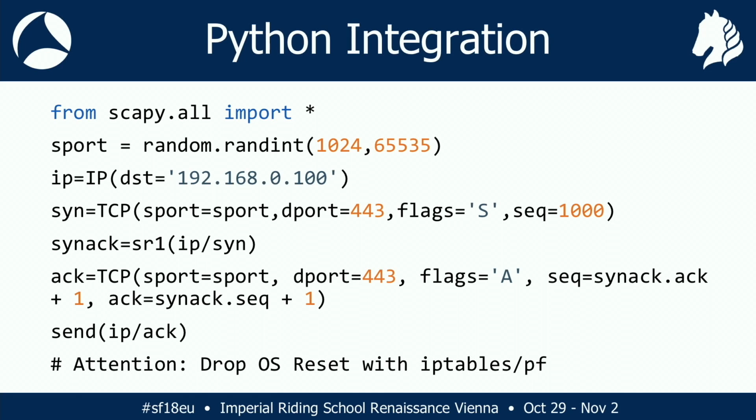So we build our SYN packet, send this SYN packet with sr1, assign this to the SYNACK variable, and send out the ACK, where we use the SYNACK sequence number and add +1 to it, and then we send it out. So with this, you can build a normal TCP handshake or whatever you need.